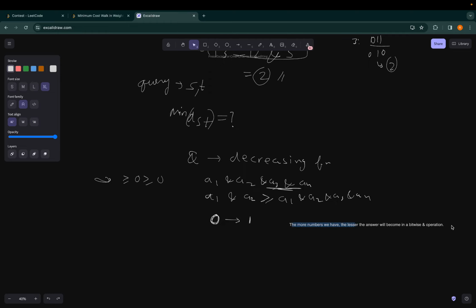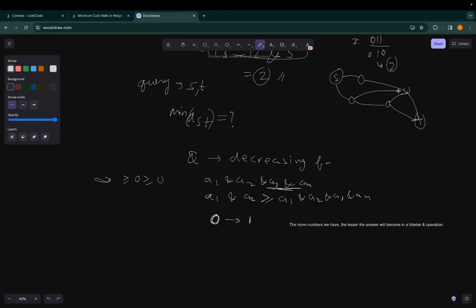What that means is that when you are traveling from source to target, and you have all these nodes in between like this, you can also have multiple edges in the graph, and let's say you're traveling like this.